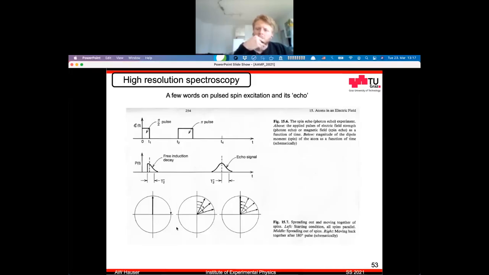So if I give it just a pi half pulse, it will be moved from this position into this position. And see what we've done? We have flipped the magnetization from the Z direction into the X direction.